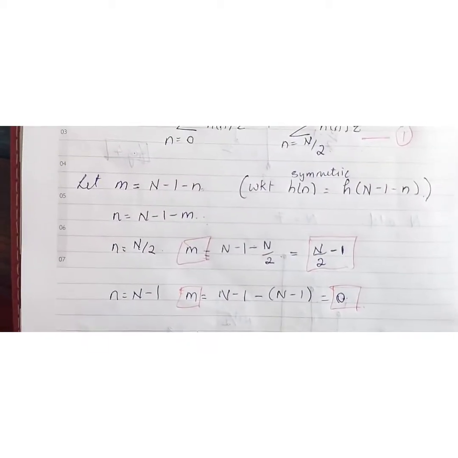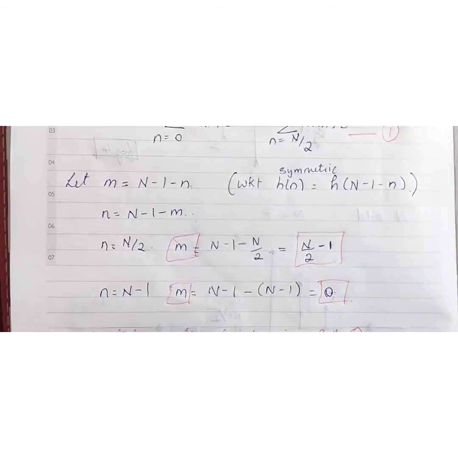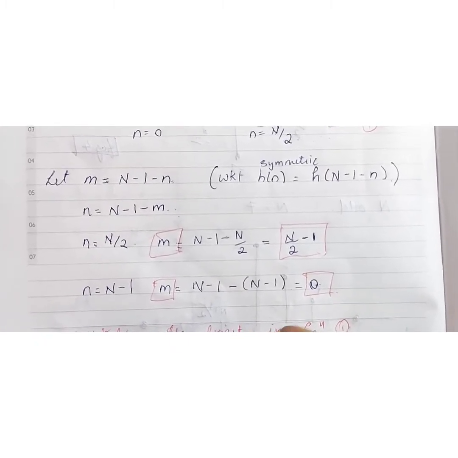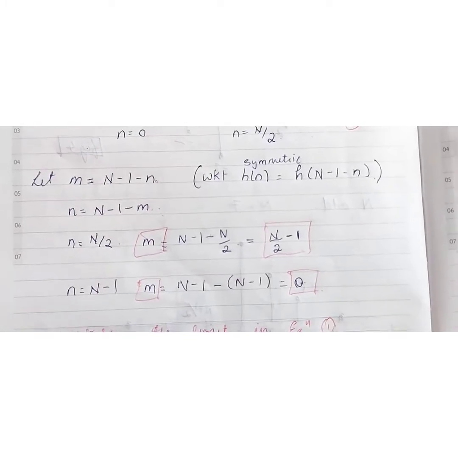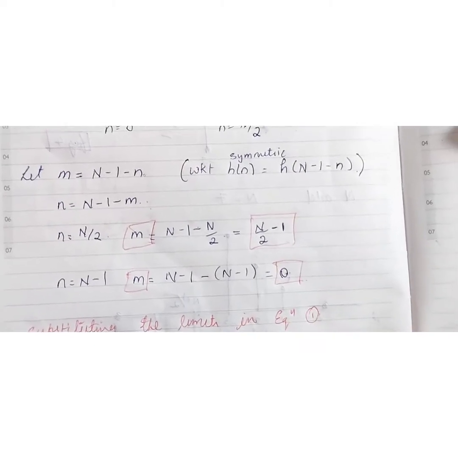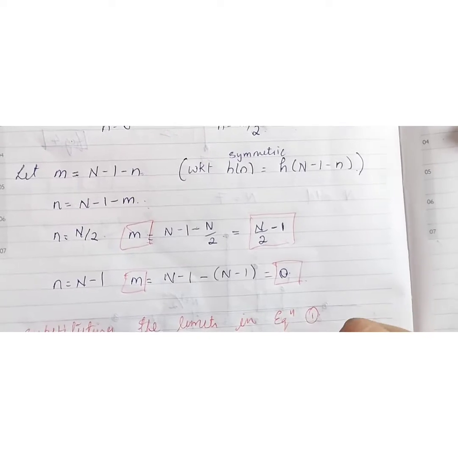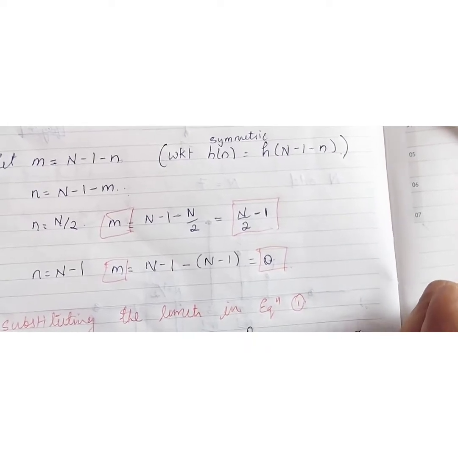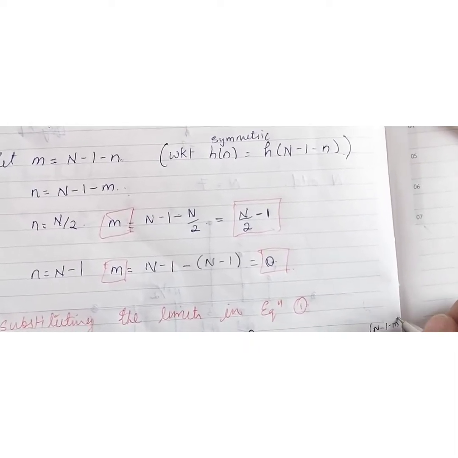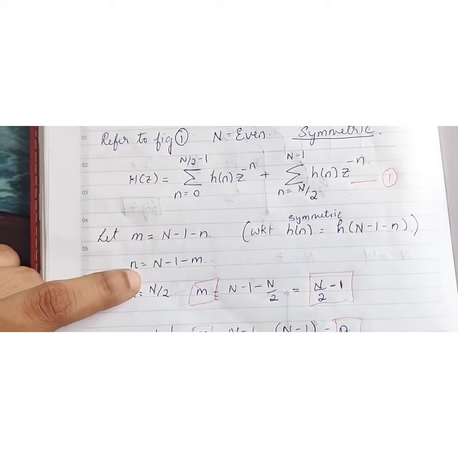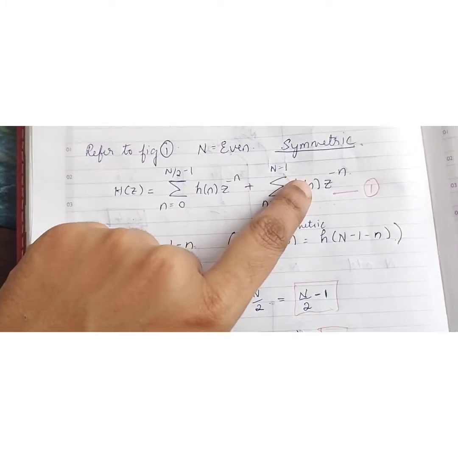We get H of z is equal to summation n equal to 0 to N by 2 minus 1 h of n z to the power minus n, plus summation, now this is m, m varies from N by 2 minus 1 to 0, h of N minus 1 minus m z to the power minus (N minus 1 minus m). Got it? So we replaced n with N minus 1 minus m. Okay, this is what we did. So your n becomes N minus 1 minus m, which we substituted here.